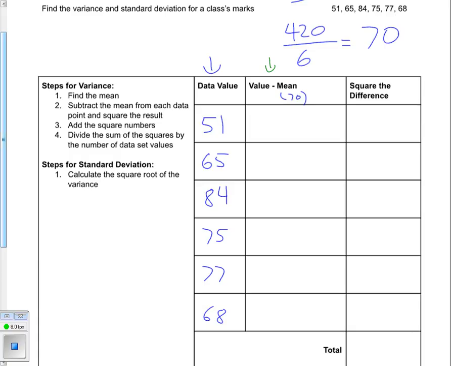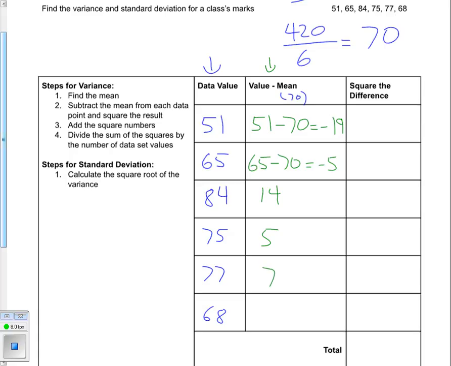The first value is 51, and since the mean is 70, subtracting 70 gives me negative 19. 65 minus 70 equals negative 5. 84 minus 70 gives 14. 75 minus 70 gives 5. 77 minus 70 leaves 7.